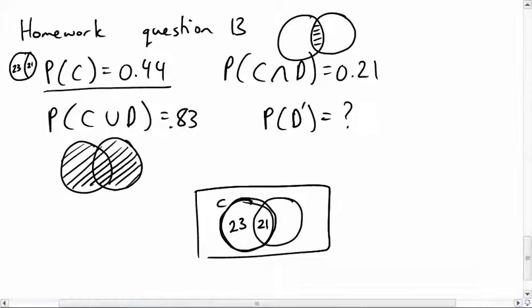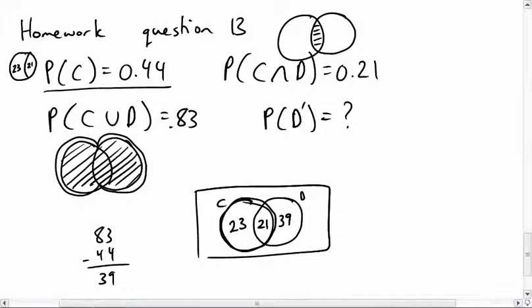So now I know that both circles altogether is 83. So far I've got 44. So how much more do I need to get up to 83? Almost 40 more, 39 more. And because I've got 83 inside the circles, that means I must have 17% outside, so that the total is 1.